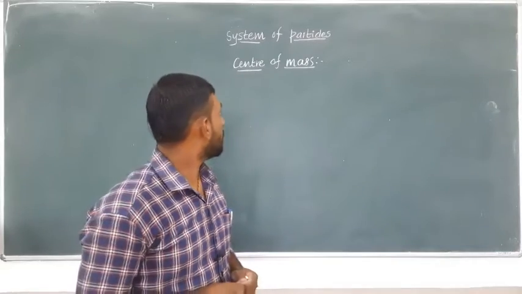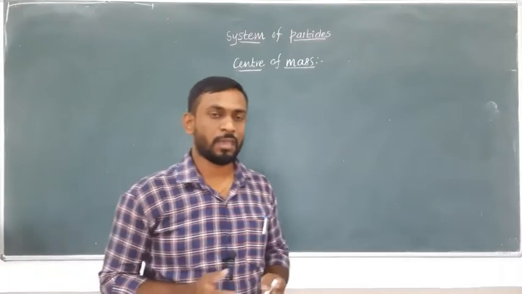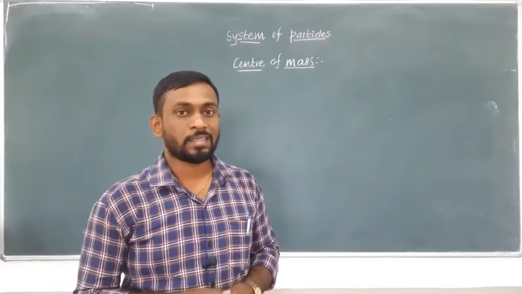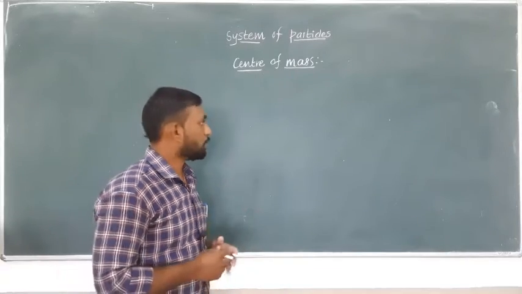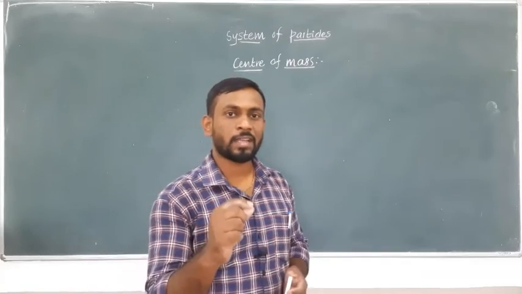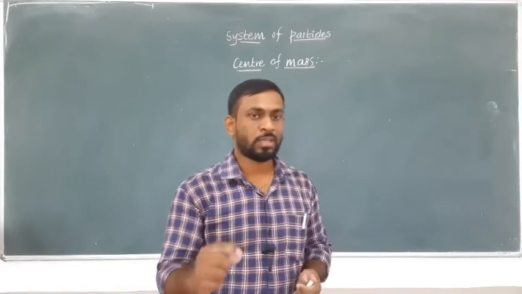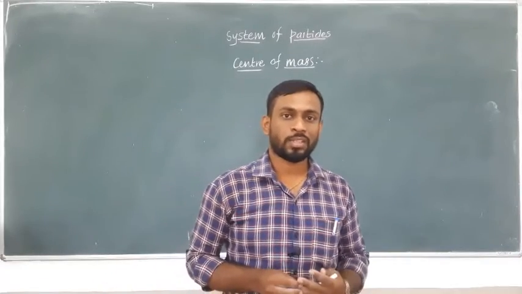In today's topic we deal with the system of different particles. If you have a system where the particles are more than one, such kinds of systems can be described with the help of the center of mass. Previously we discussed a single particle and its mass, its position, its velocity, and the forces acting on this particle.